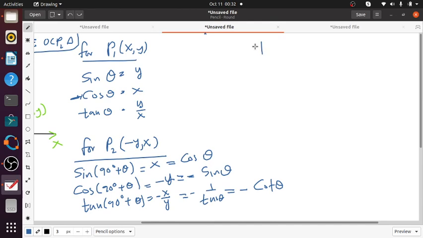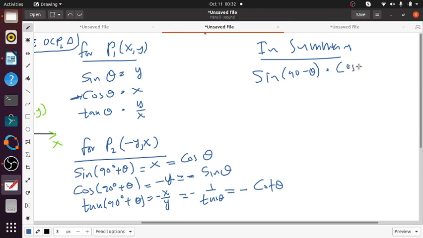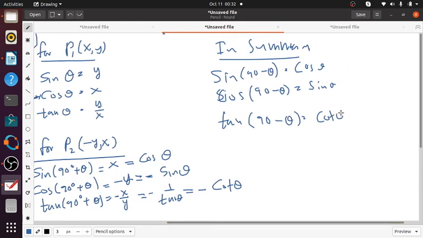So in summary, sine of 90 minus theta is equal to cosine theta. Cosine of 90 minus theta is equal to sine theta. Tan of 90 minus theta is equal to cot theta, and also cosine theta is equal to sine of 90 plus theta.